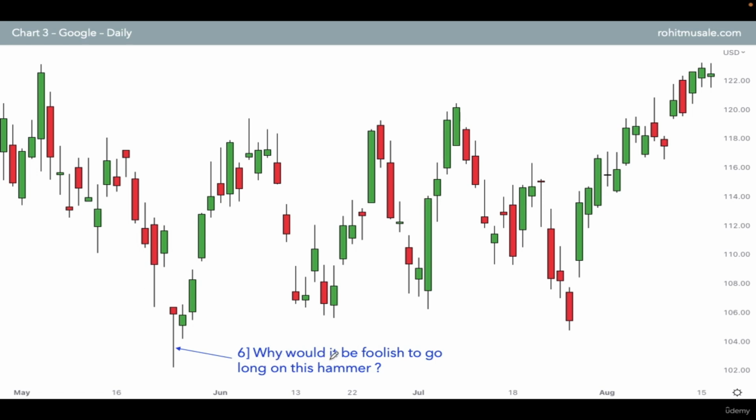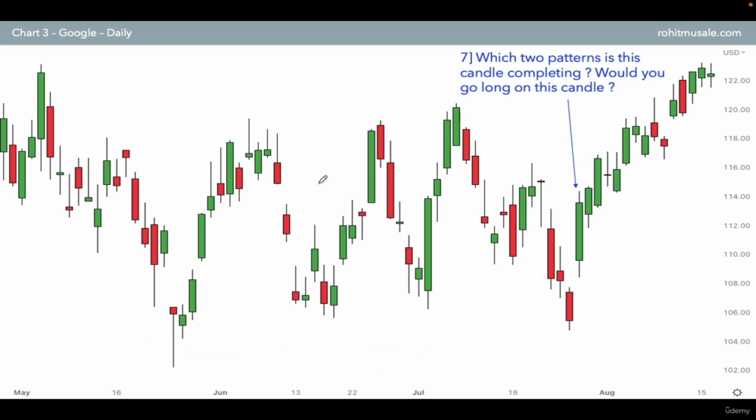Question 6. Why would it be foolish to go long on this hammer? So if you choose to go long on this hammer, why would it be foolish? Question 7. Which 2 patterns is this candle completing? This particular candle. Would you go long on that candle?